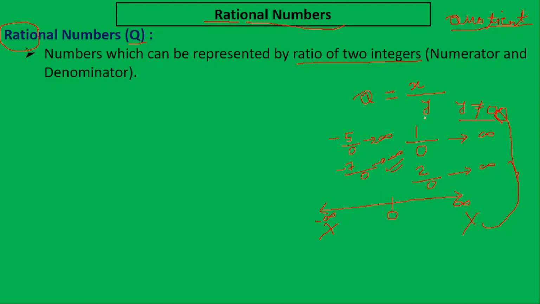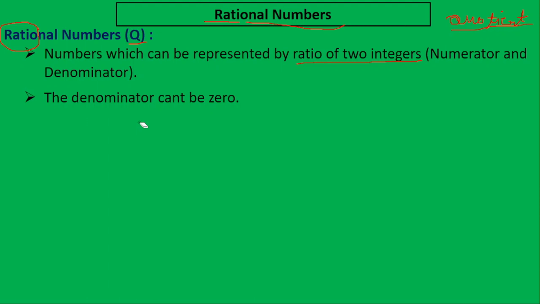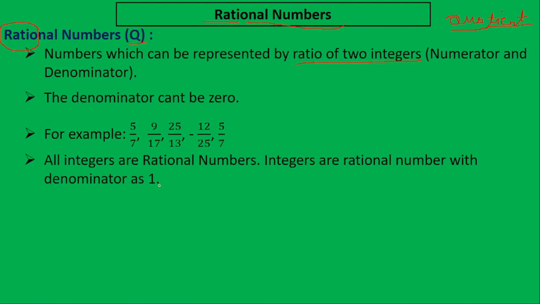So be cautious. We should not have these two numbers. So denominator can't be 0. This is the standard definition of rational numbers: any number which can be represented by ratio of two integers, numerator and denominator, with denominator not 0. For example, 5 by 7.